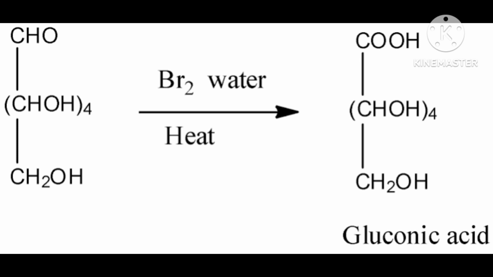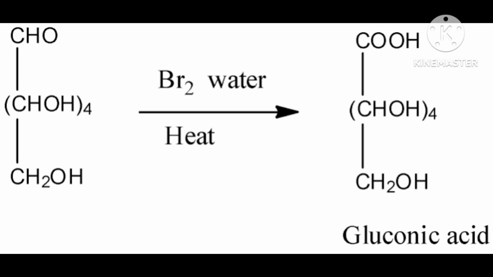In the first structure, in terms of aldehyde, the first carbon was in the form of CHO and the last carbon was CH2OH. This is the first representation. In the second, all things were the same, but the first CHO became COOH, meaning gluconic acid.